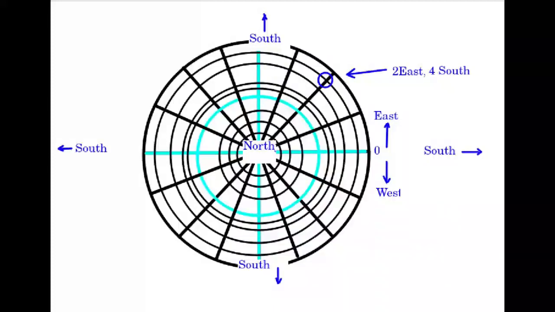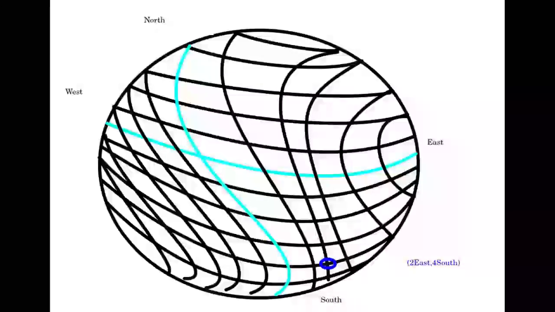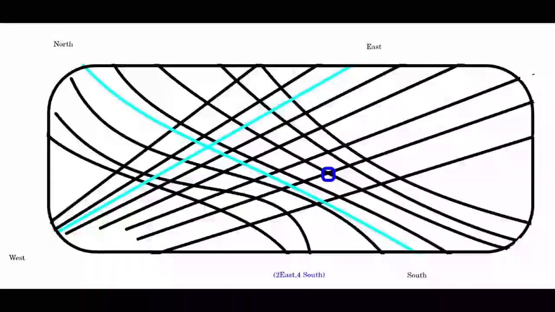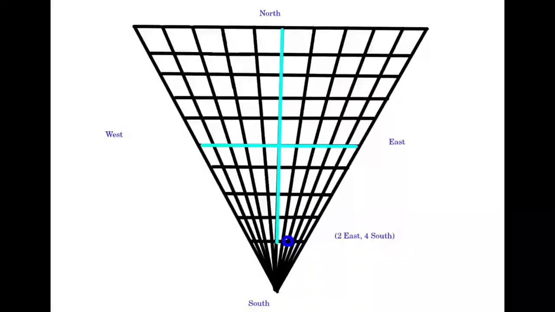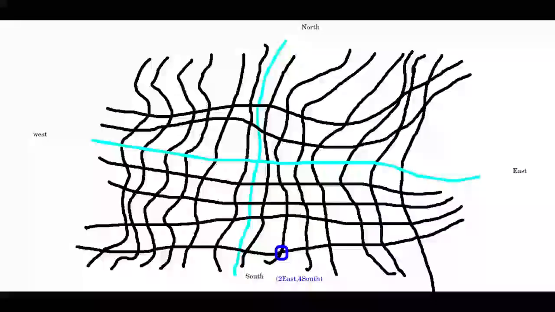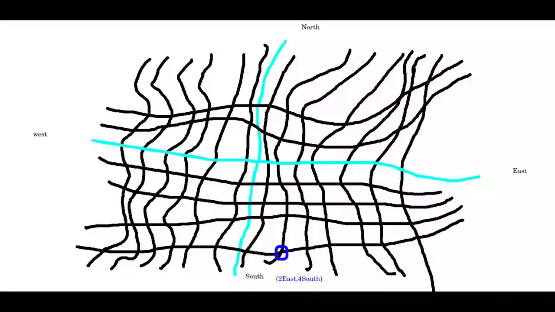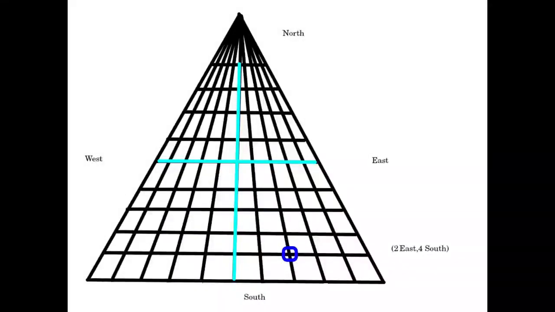You can choose your own design and the coordinates will be the same. 2 east, 4 south. If you scaled on the longitude line, you can calculate the real distance on the longitude line. You can draw it on the pyramid, you can scale it, but it doesn't mean the world is a pyramid.